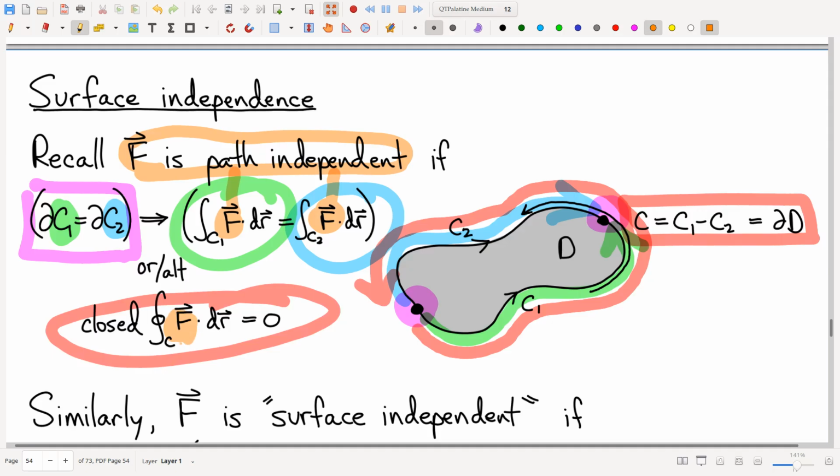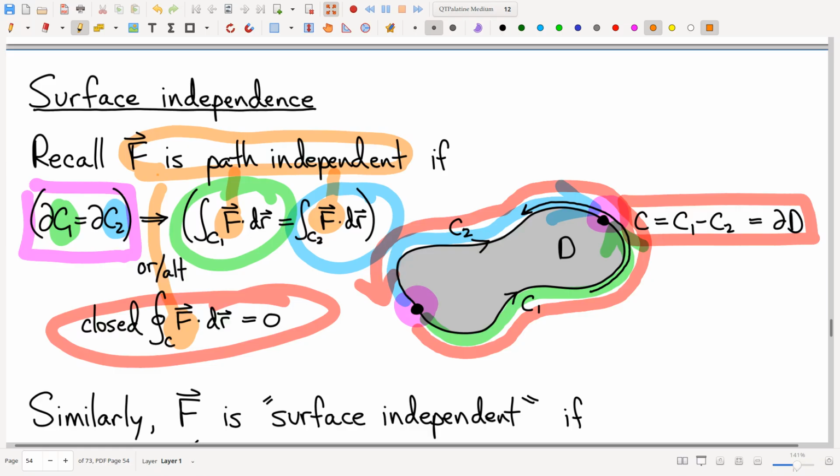So a path-independent vector field can instead be described by that alternative description. Okay, does that look familiar? This is again flashbacks to 6.3, I guess it was. So, a little bit of a while ago.